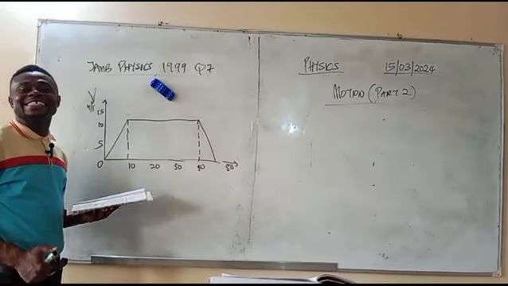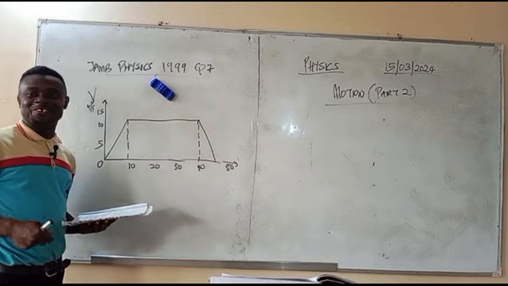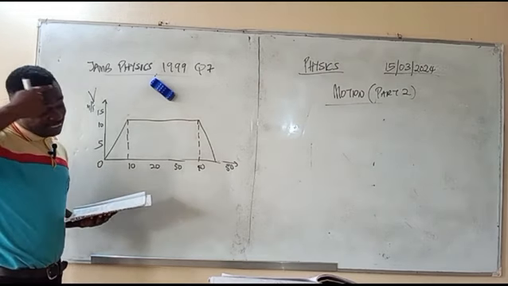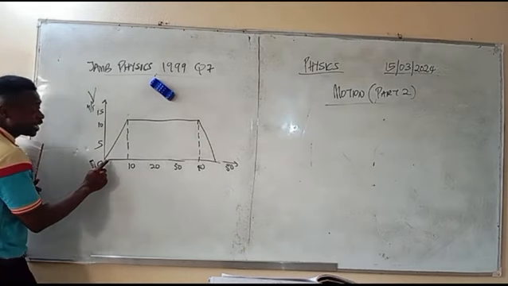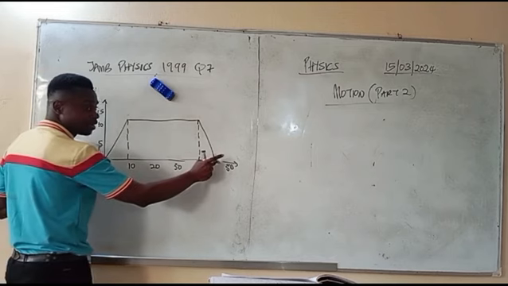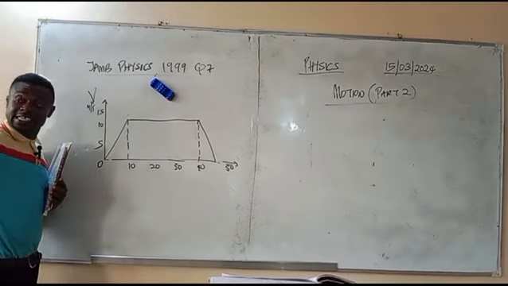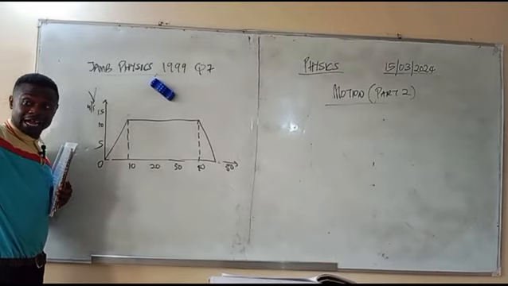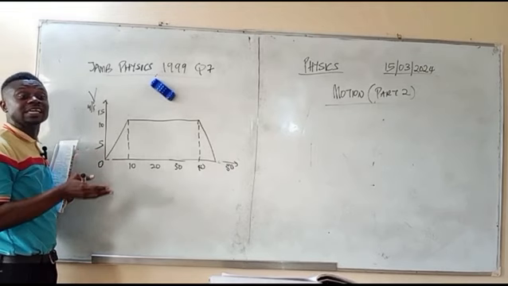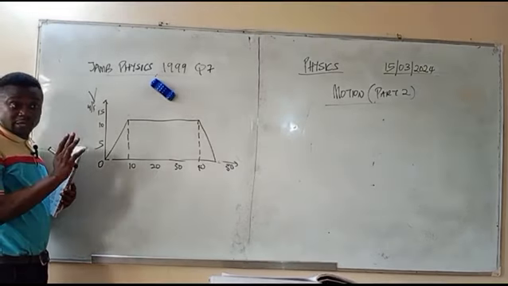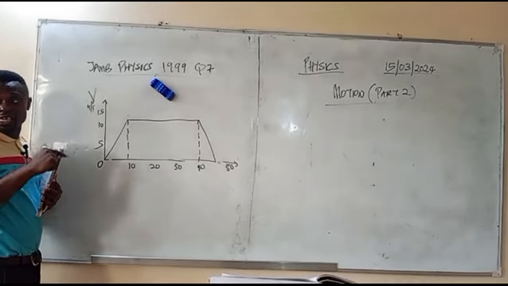Now let's assume we are solving a question and see what answer we get. I modified the diagram a bit. Here I put this to be 10, so let's see whether we get the option.